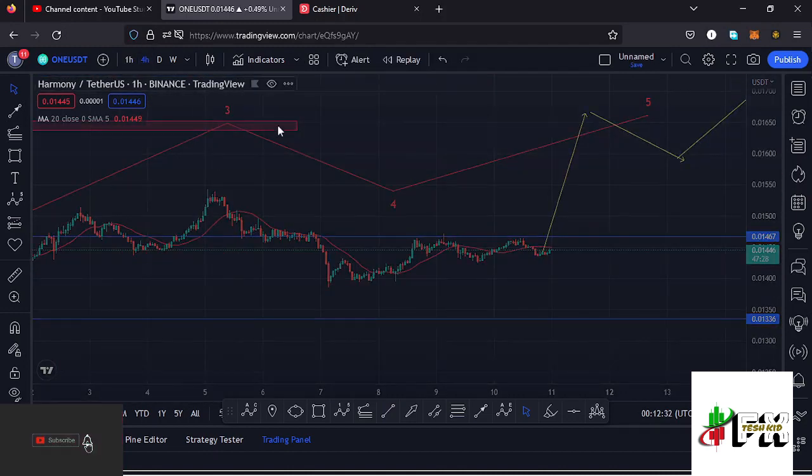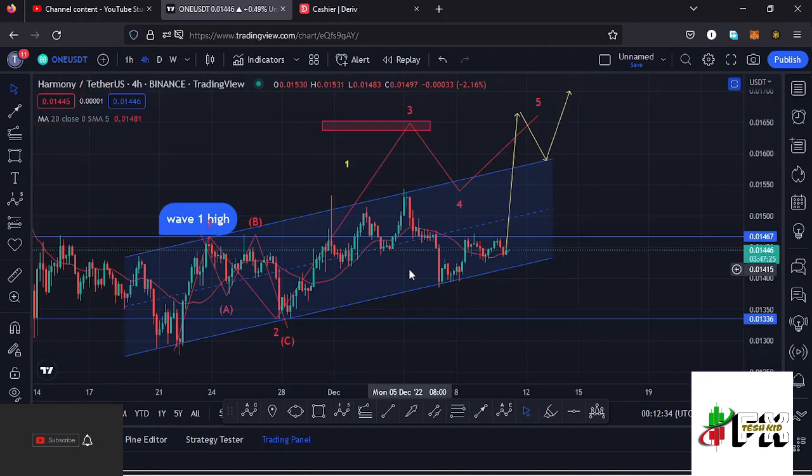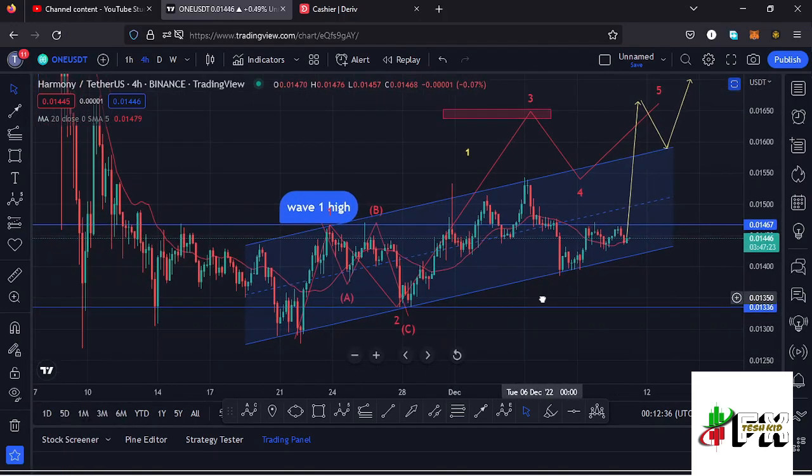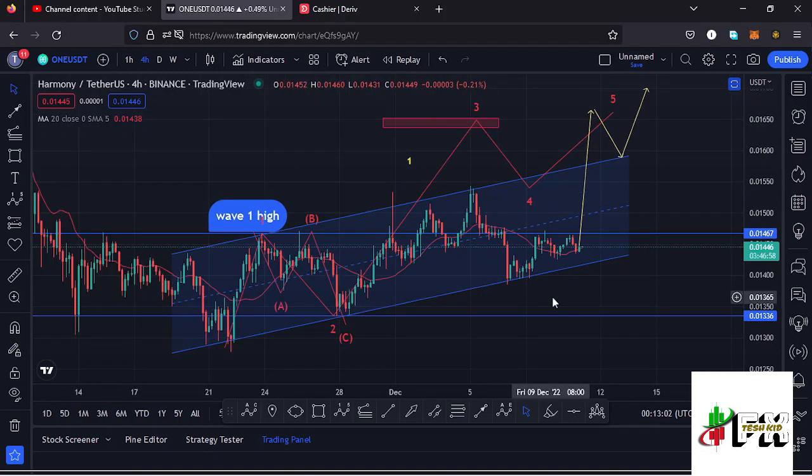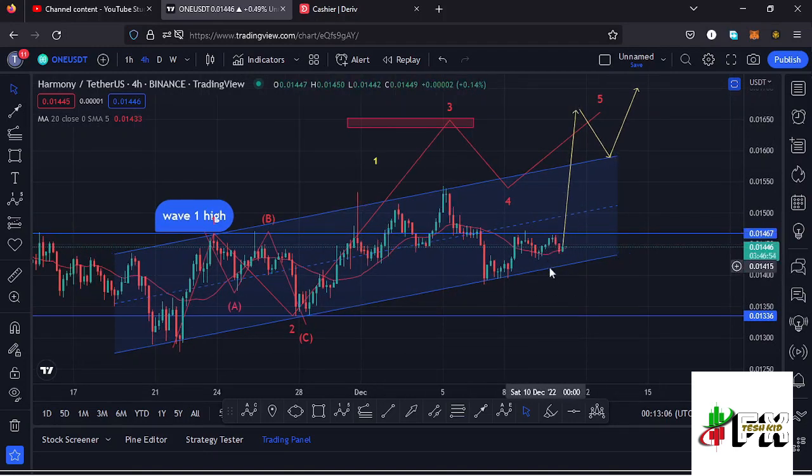Also jumping to the 4 hour chart for further analysis, where we have a channel. You can see in that Elliott wave structure that we have been also trading within this channel, and at the moment we are trading at the lower side of the channel. Here on the 4 hour chart, you can see we have managed to break above the 20-day MA, and that would mean it's acting as support, and there are chances of continuing to push even higher given the support of the 20-day MA and get to the upper side of the channel.